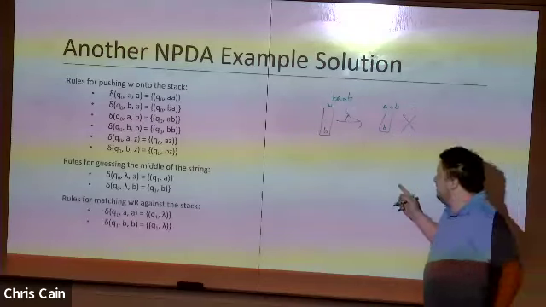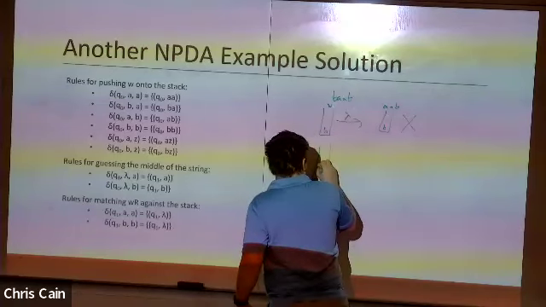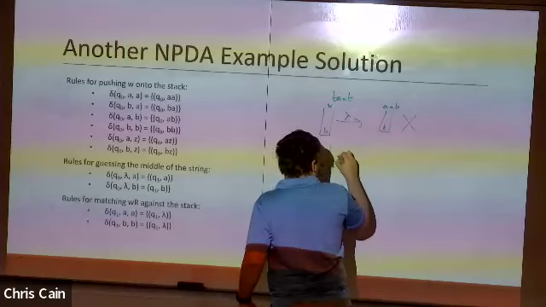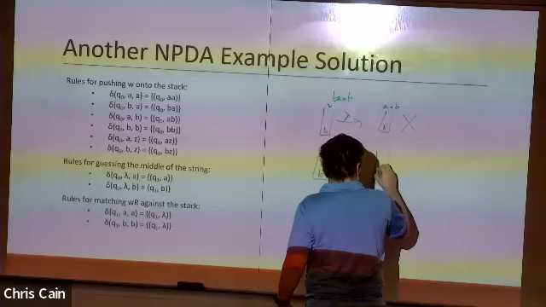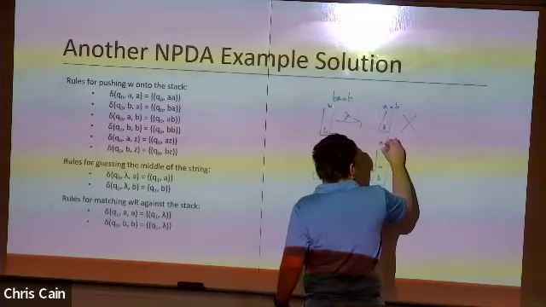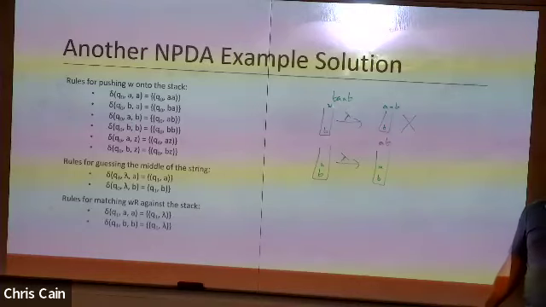But in parallel, we are doing B, A, lambda transition, and we need to map this against AB, and we see that this is going to lead to success. So non-determinism is guessing where the middle of the string is, but it considers every possible middle of the string.